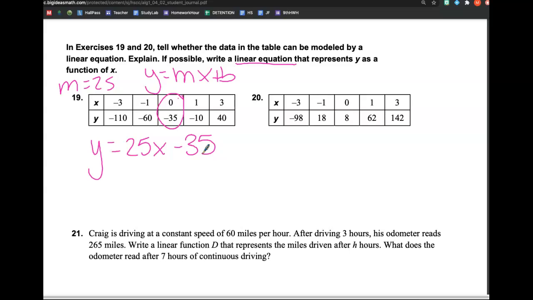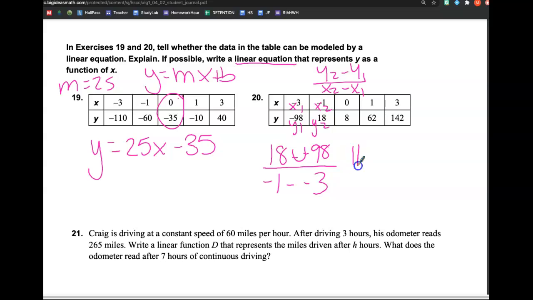On number 20, if I again find two slopes between two different points, I have y2, y1, x2, x1. y2 is 18 minus a negative 98 over x2 is negative 1 minus a negative 3. 18 plus 98 gives us 116 over 2, which simplifies to 58.